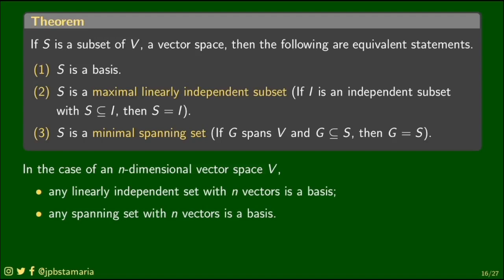So in other words, if you are in R4, for example, that's a 4-dimensional space. If you were able to show that a set of 4 vectors is independent, already it's a basis. You don't need to show that it's spanning. Or if you were able to show that this set of 4 vectors is already spanning, you are in a 4-dimensional space, already that's a basis. So you only need to choose one because you already know the dimension of the given space.